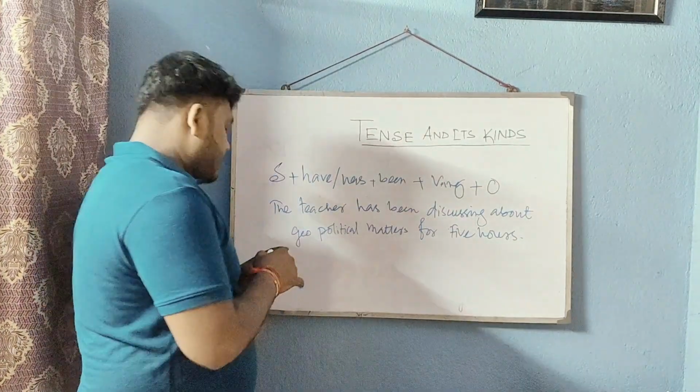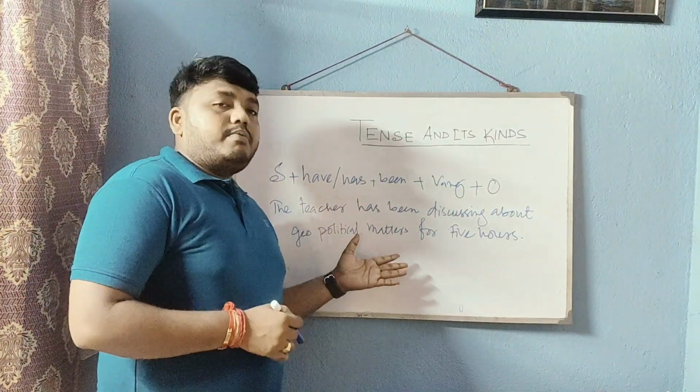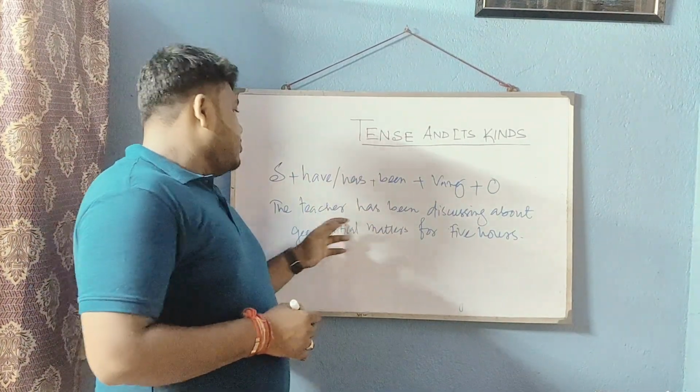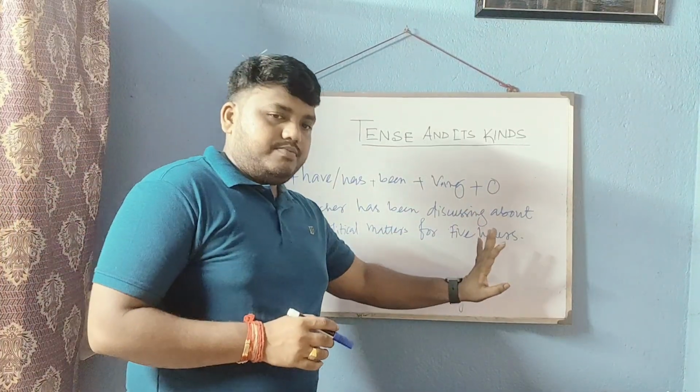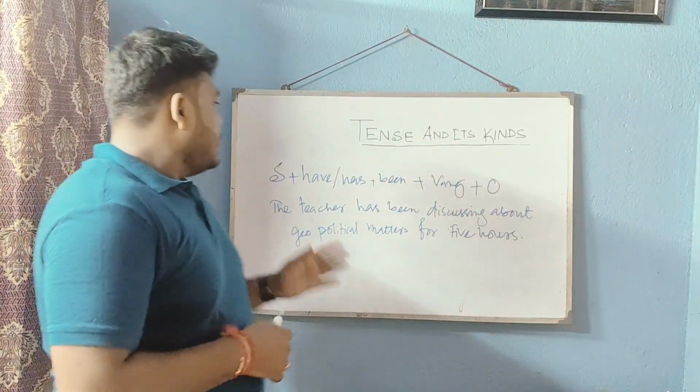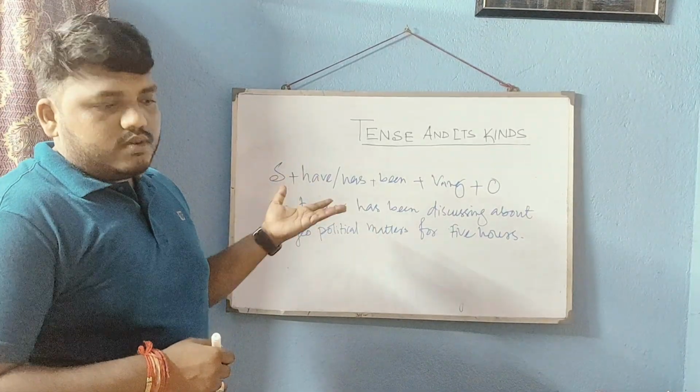So before 5 hours, it got started and is still going on. Hence, it is present perfect continuous tense. The teacher has been discussing geopolitical matters for 5 hours. So these are examples of present perfect continuous.